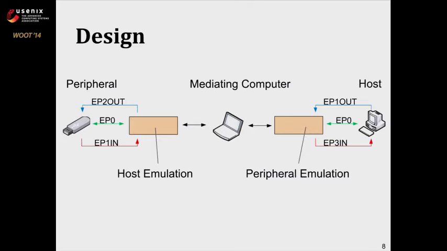Once I have that request, I have it sent to the mediating computer. So the mediating computer is negotiating between this real host and this peripheral. And I'll get that request. I'll emulate it back to the peripheral device using the host mode emulation on the second Facedancer. You'll note here there are some differences in the endpoint numberings and directions, and I'll revisit that later.